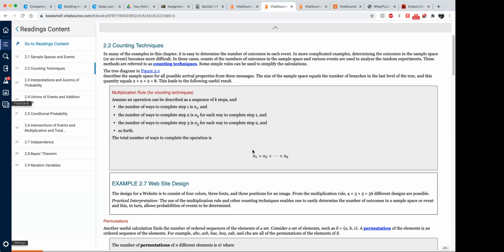The number of ways to select the president is 30, right? Once one student is elected president, the number of possible outcomes for vice president is 29, because one student is already president. Once one student is elected vice president, the number of students left is 28, so there are 28 possible outcomes for the secretary. So what's the total number of outcomes? 30 times 29 times 28. That's the multiplication rule. But what if we just select three staff members, three secretaries, in a classroom?